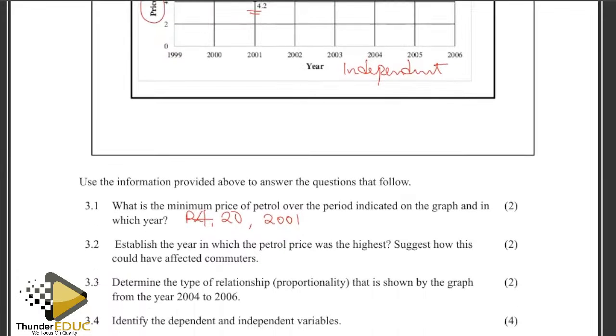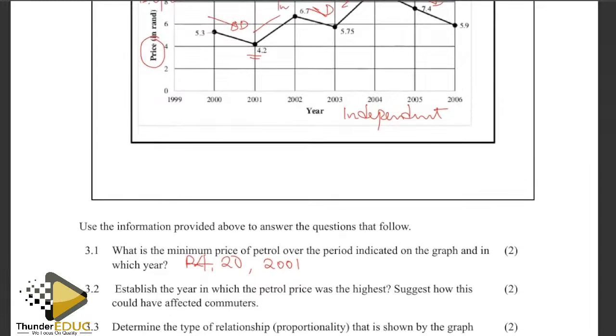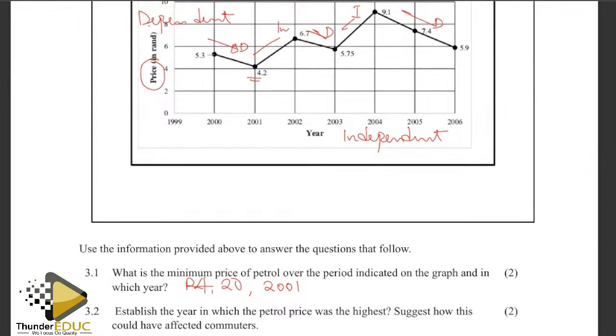All right. Establish the year in which petrol price was the highest. Suggest how this could affect commuters. What happens to the commuting community when the prices of petrol go up? Definitely the cost of taxi, so the cost of transport increases.